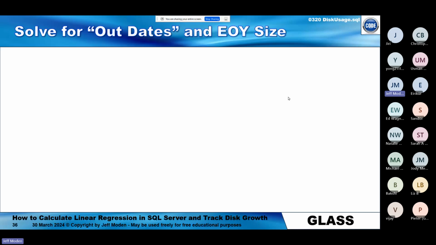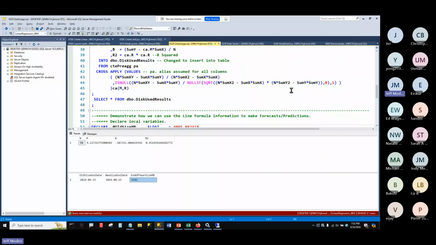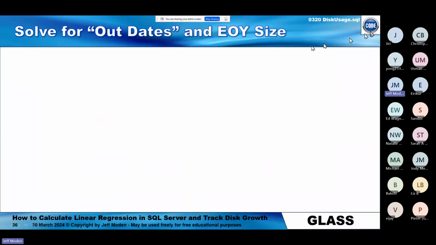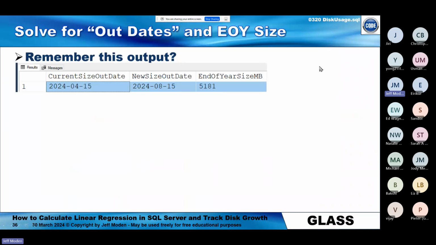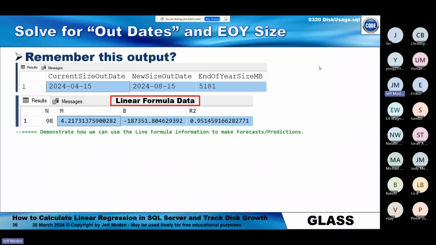We had two different outage dates. And if we go over here and we look at, I'm sorry, we don't have to go over to script 320, we're still there. Remember this output? And we had this as the linear formula output. At the bottom of script 320, we started to have this data.